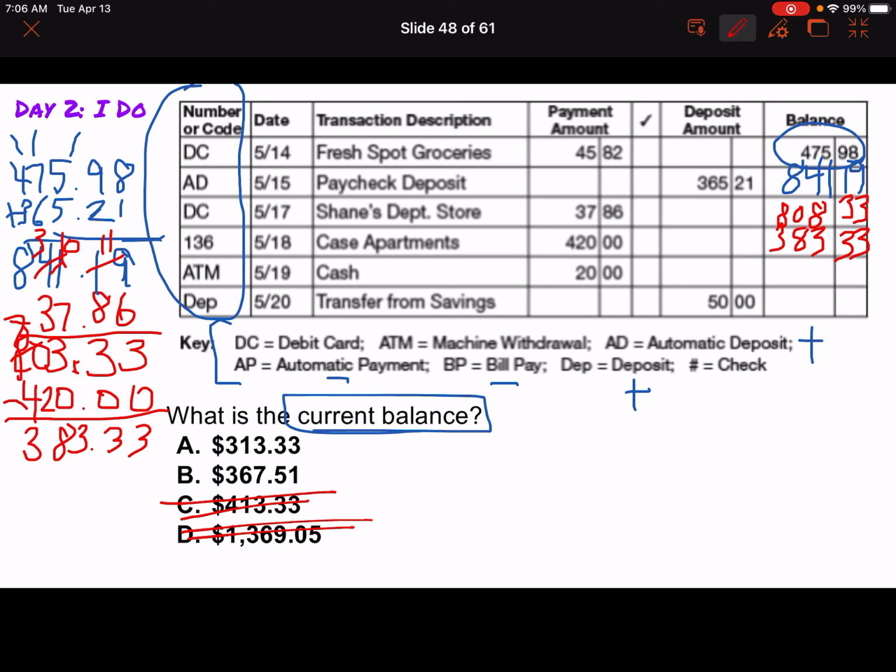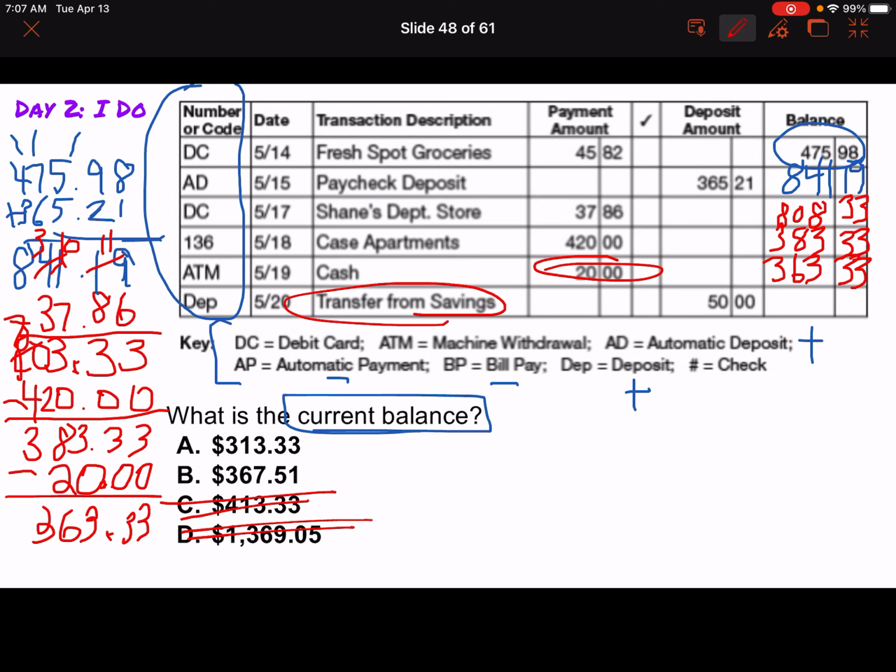Next one on May 19th, I withdraw $20, giving us a balance of $363.33. And last but not least, I get a deposit of $50.